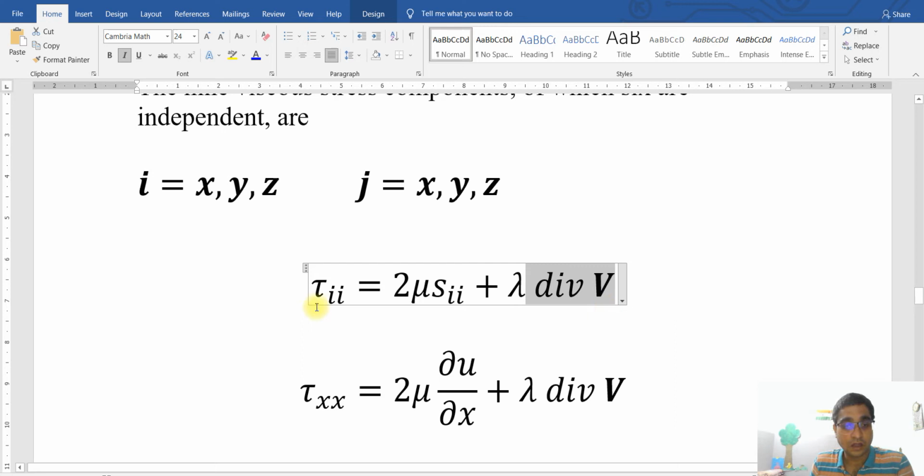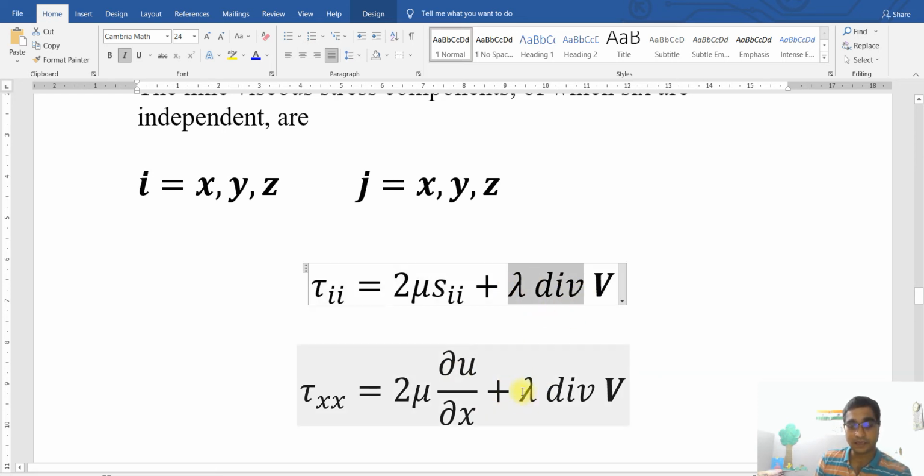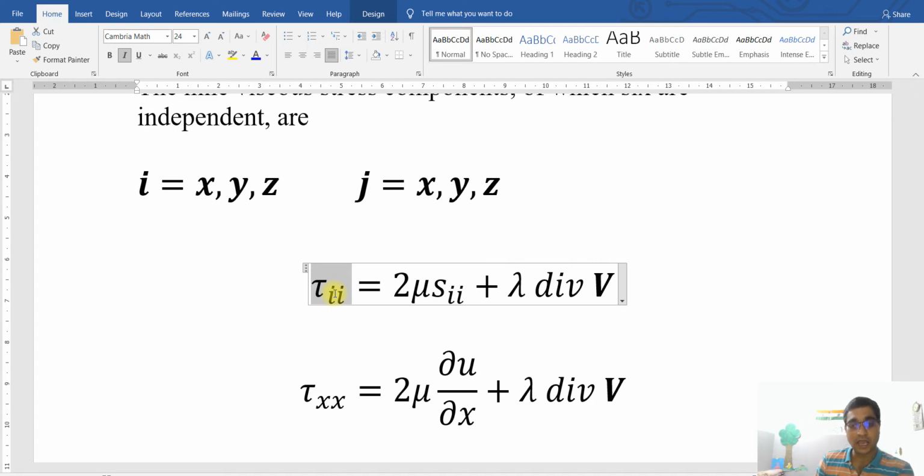So now how can we write it? Tau_xx can be written as 2 times mu S_xx, which is actually ∂u/∂x, the velocity u in the x direction, plus lambda divergence of V. So there is the linear deformation in the same plane and direction, and you may also have the contribution by the volumetric deformation.